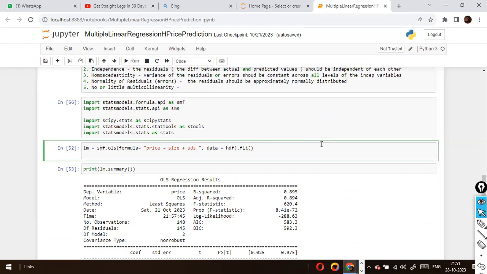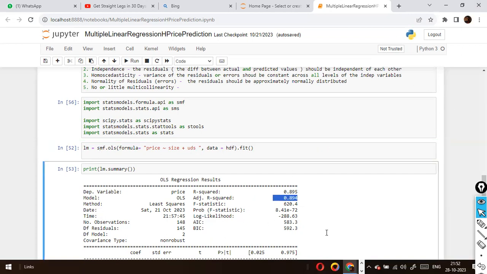What is the difference between AIC and adjusted R squared? This is the question from Deepthi, right? You can use either the adjusted R squared or AIC. If you use different combinations of features, obviously you will get different values for R squared, adjusted R squared and AIC. So for a specific combination, the higher the R squared, the better; the lower the AIC, the better. That is how it will be.